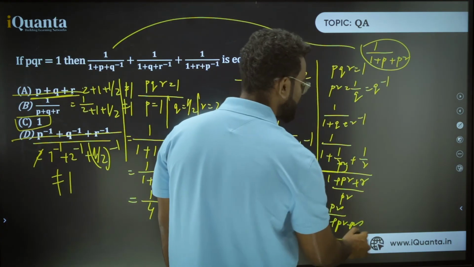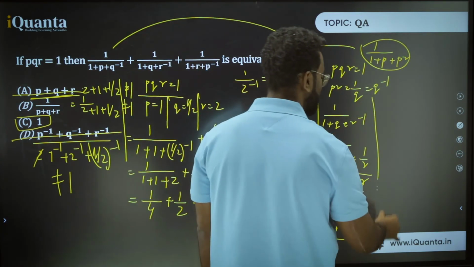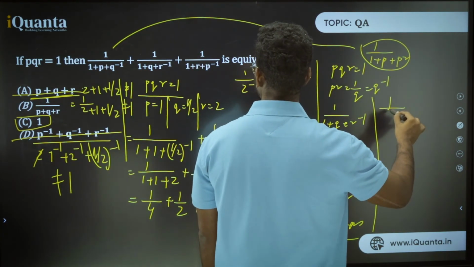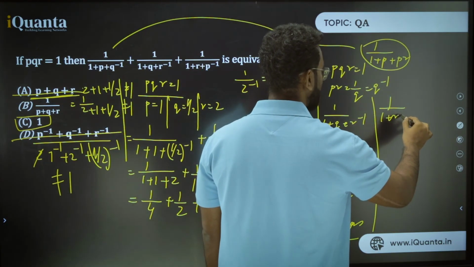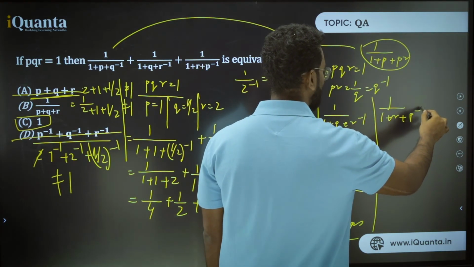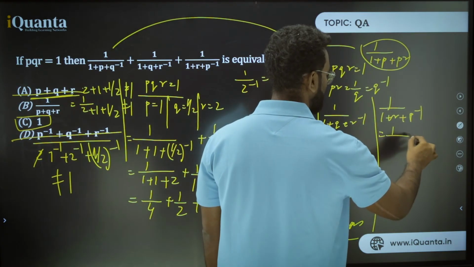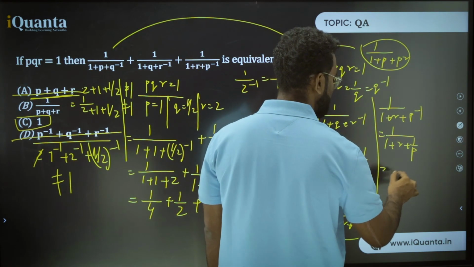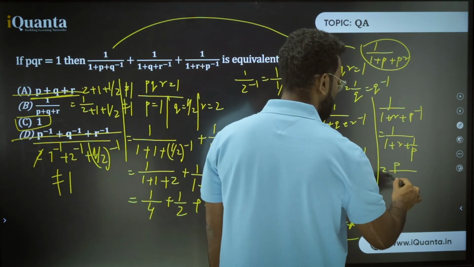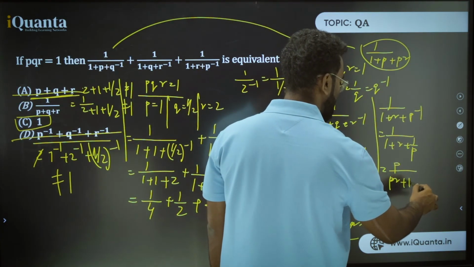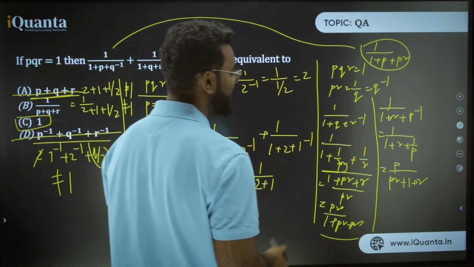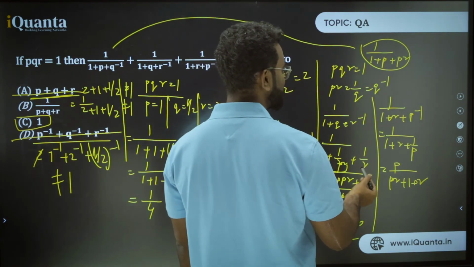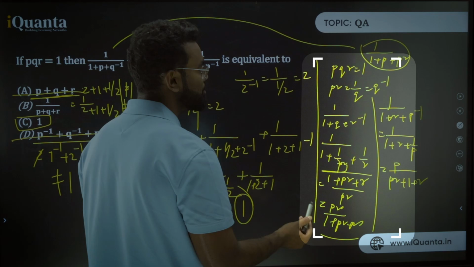So this is one way you can solve. Similarly, this is the second one. What is the third one? The third one is 1 plus R plus P to the power minus 1. So this thing also becomes 1 upon 1 plus R plus 1 upon P. So if you do the reciprocal, that will become P by PR plus 1 plus R. So if you add all these things, you can see the denominator is equal in all these cases.